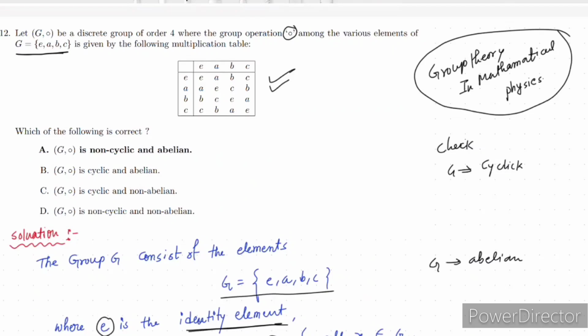Just check from this table: E multiplied with E we get E, E with A we get A, E with B we get B. These are the terms for the first row. Similarly for the second, A multiplied with E we get A.